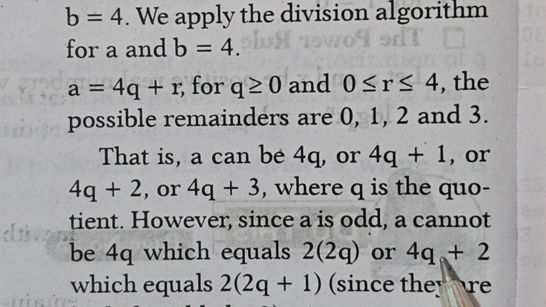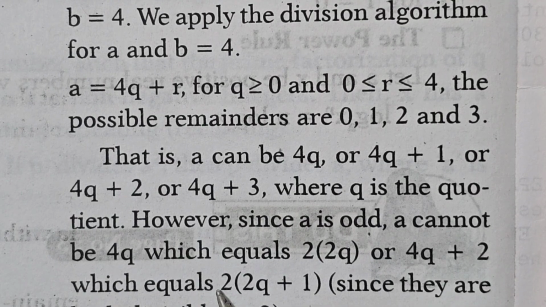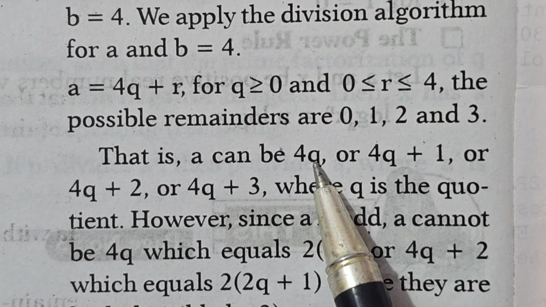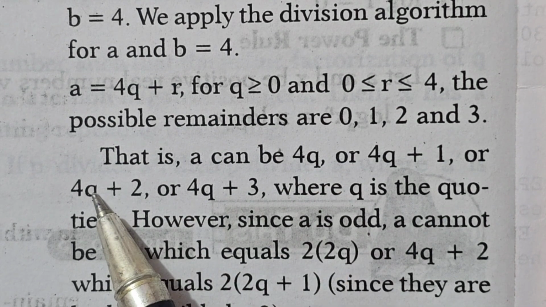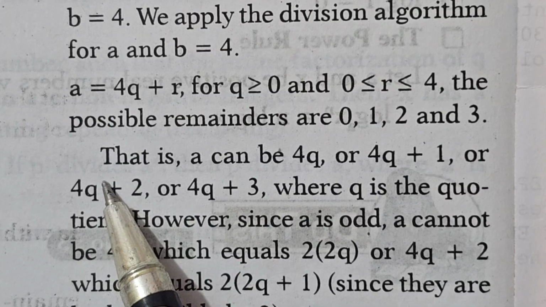This value can be written as 2 into 2q plus 1. If we multiply by 2, we get an even number. That means 4q and 4q plus 2, these two are always even numbers.